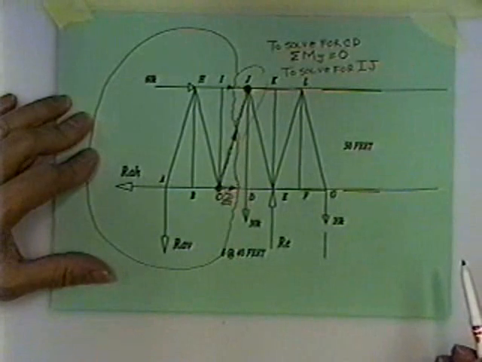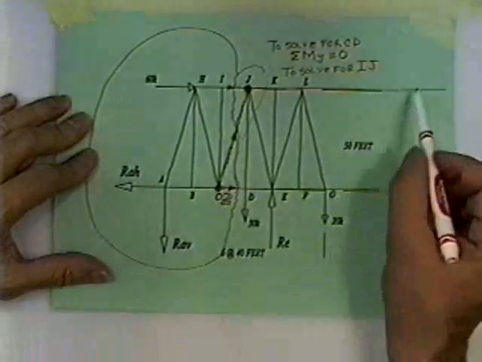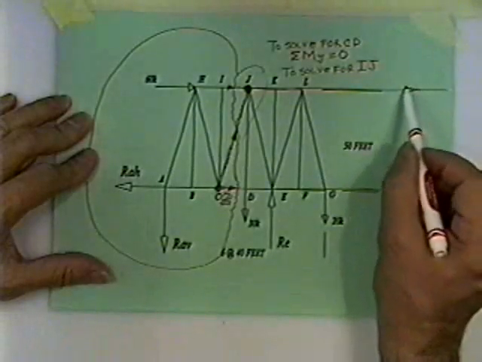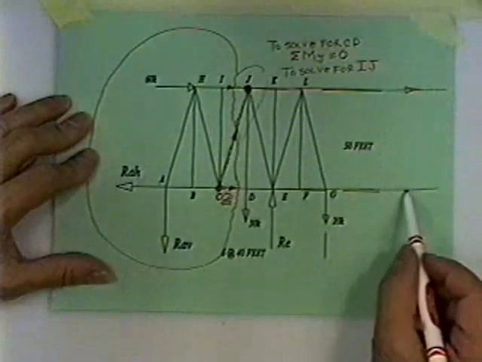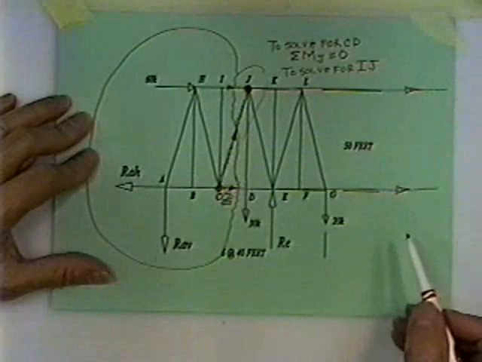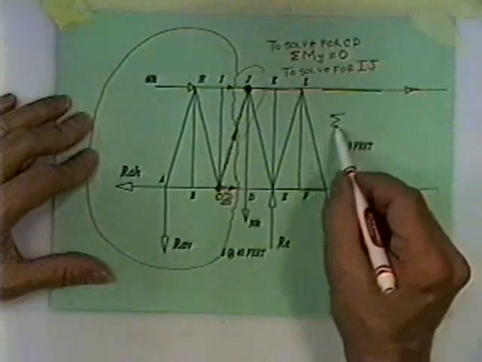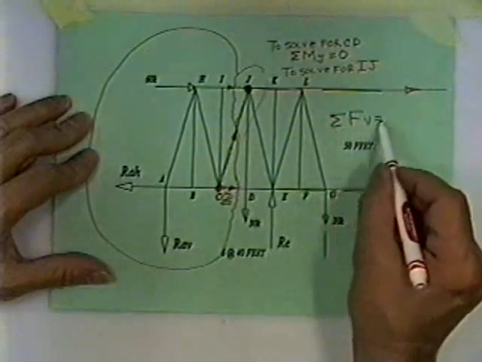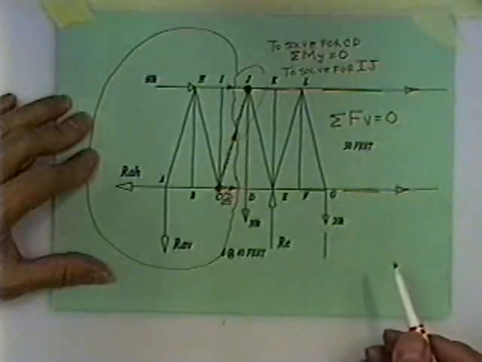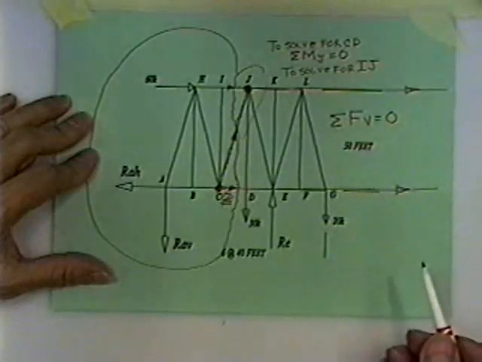No, that's right. Since IJ, who you hate, goes horizontal, and since CD, who you hate, goes horizontal, you can get around them by simply summing forces in the vertical direction. Again, they have no components in the vertical direction. They can't come into that equation.